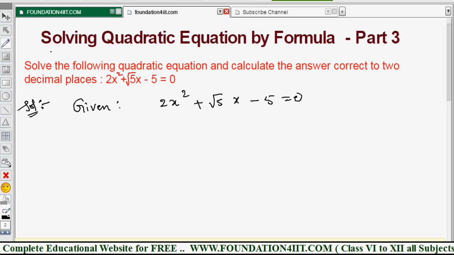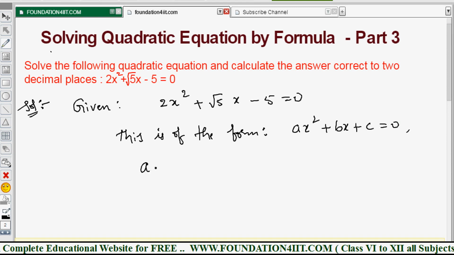Now this is already in general form, that is ax square plus bx plus c is equal to 0. So we can write a is equal to 2, the x square coefficient, b is root 5, and c is equal to minus 5.